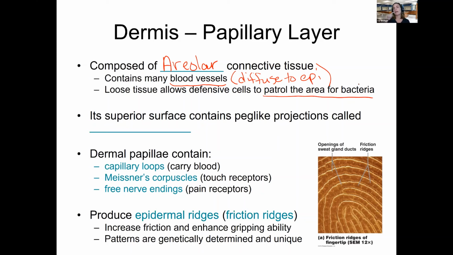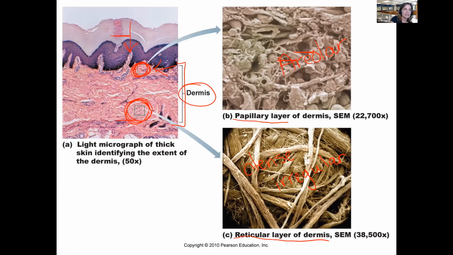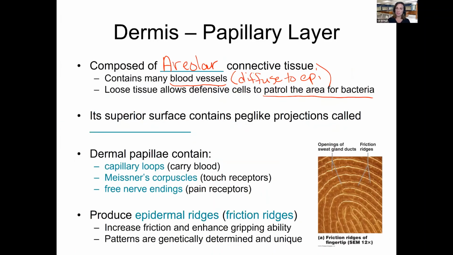Now, another thing that I mentioned that I would talk about in a little bit is if you notice, when you look at this papillary layer, notice how the bottom of the epidermis and the top of the dermis have all these little ridges. You know, it's not like a nice clean border. It's sort of all these ridges and invaginations. And so those projections are called papillae.